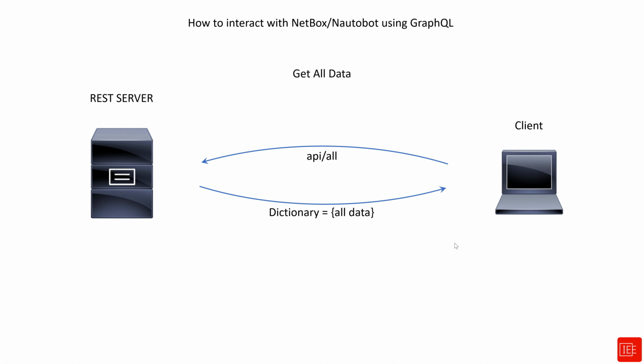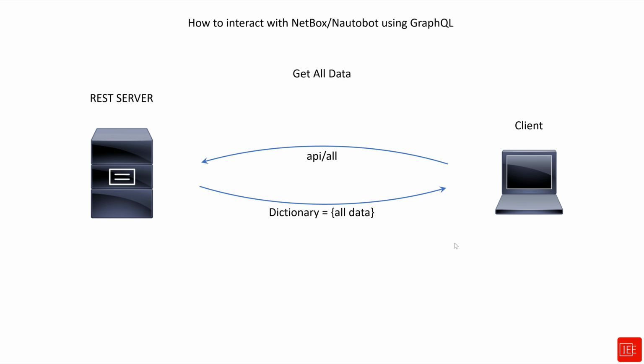So, maybe another approach would be to get all the data via a single API call and then use Python, as an example, to select the data you want programmatically. Although I'm not 100% certain if this is feasible, but let's say it is for a moment.